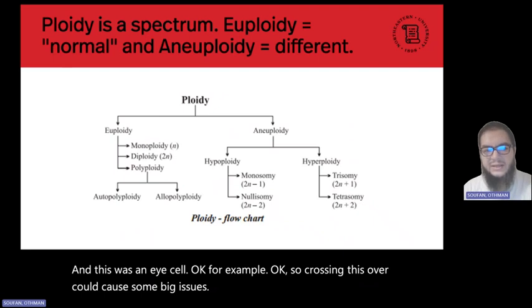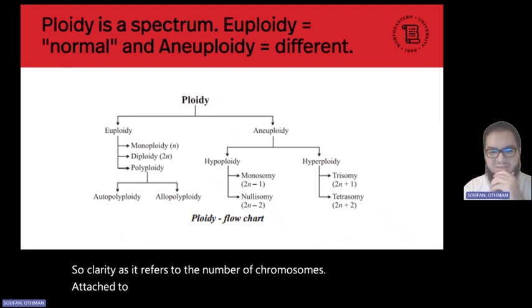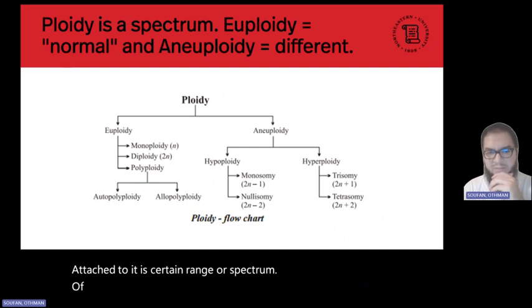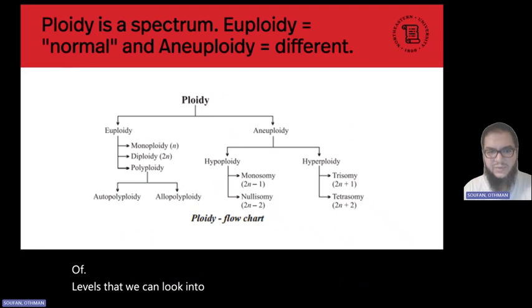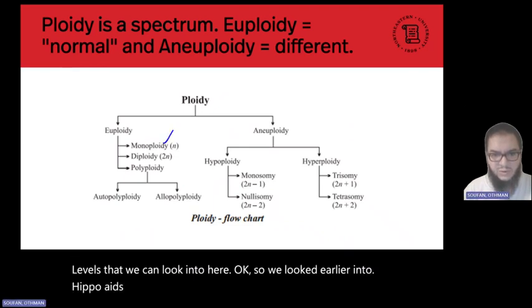So ploidy, as it refers to the number of chromosomes, has a certain range or spectrum of levels that we can look into here. We looked earlier into haploids, also called monoploidy.